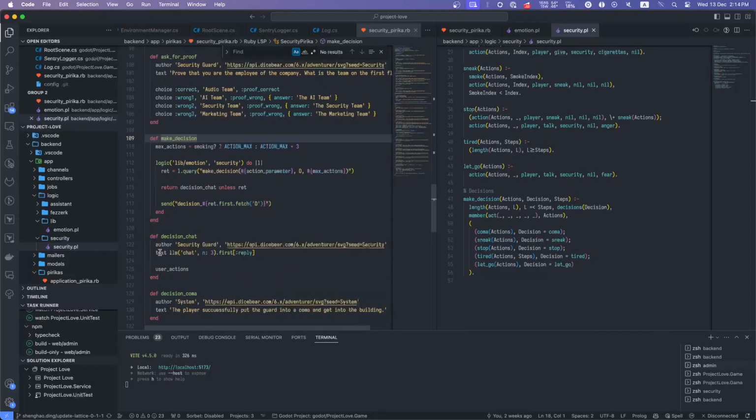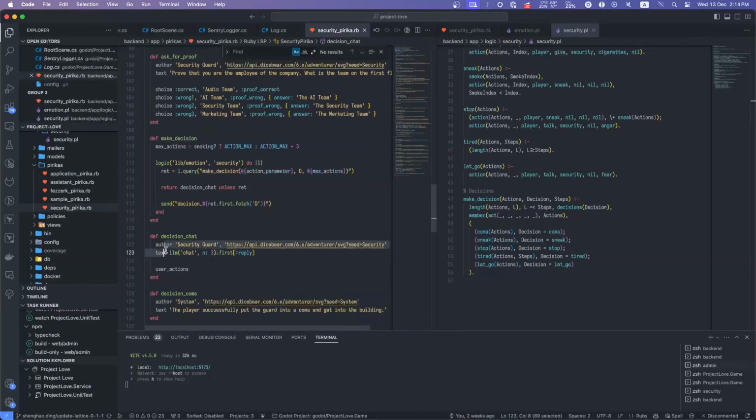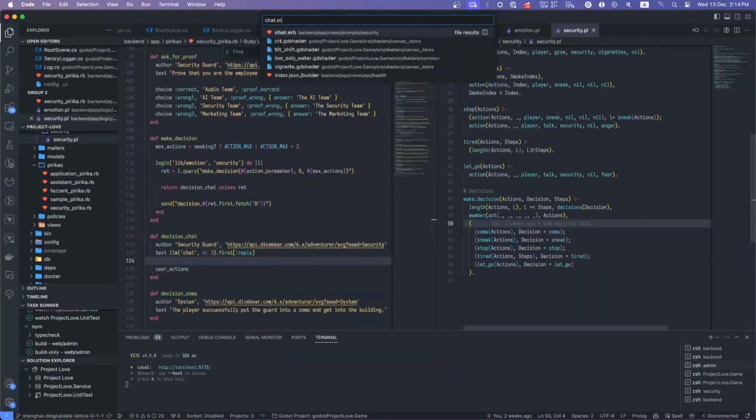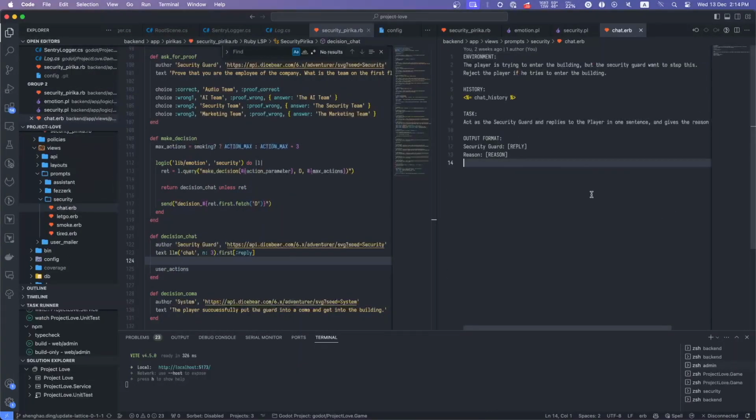Other than that, you may also see the LLM core is inside this DSL, and it will go to this chat.erb. This is not only an ERB file.